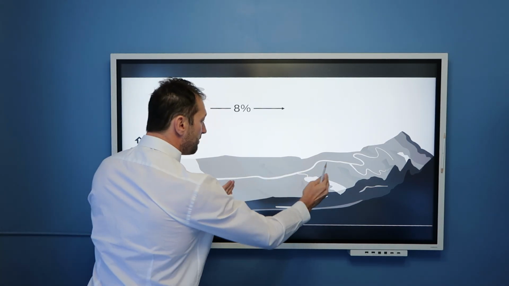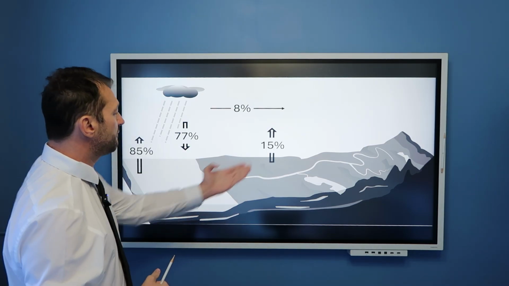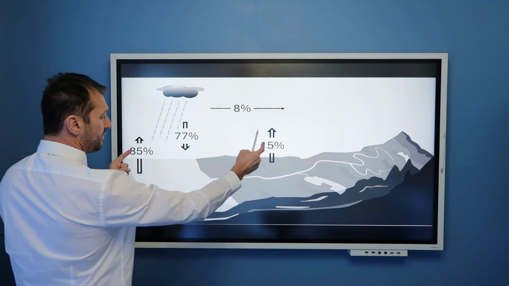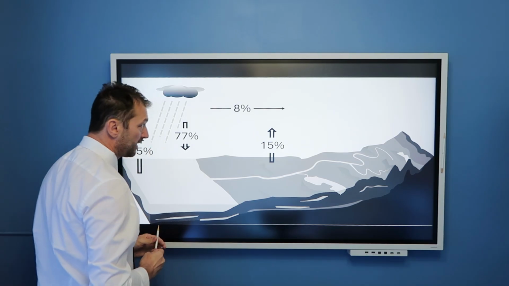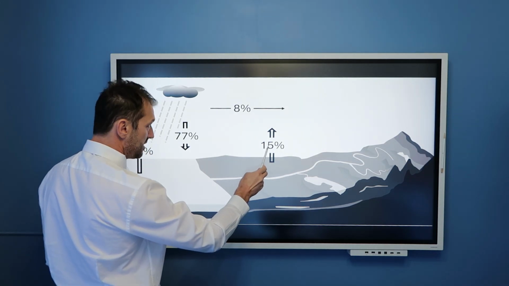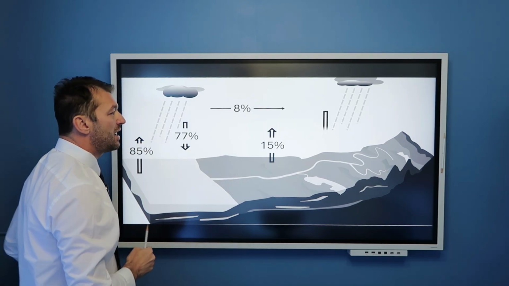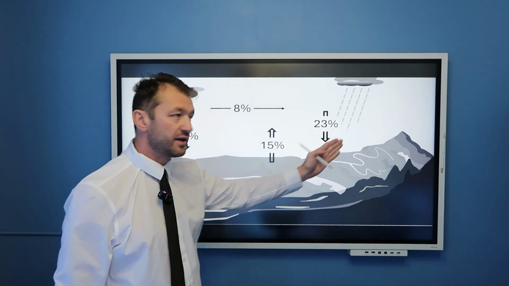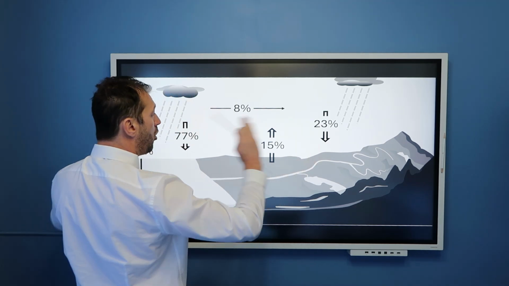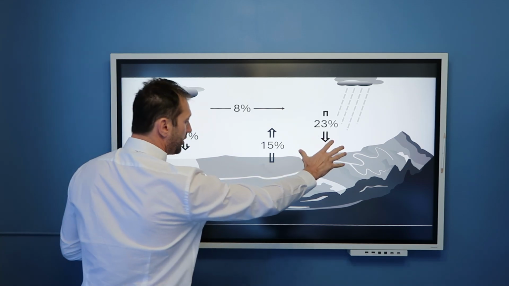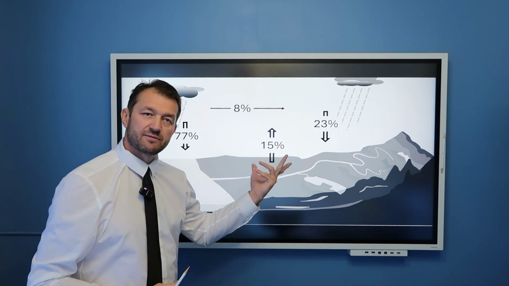Now, there is some evaporation over land. How much? Well, it has to be 15%, because 85% and 15% is 100% of evaporation. Now, if we add 15% and 8%, we will have precipitation in the amount of 23%, clearly. But 23% of all precipitation falls on land, and only 15% of liquid water evaporates from land.